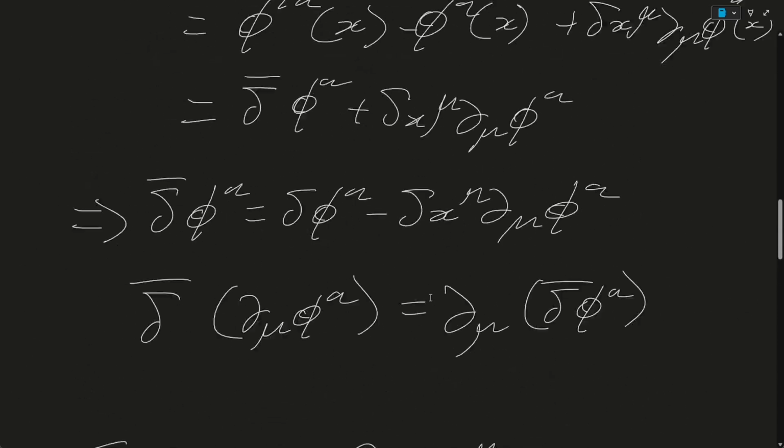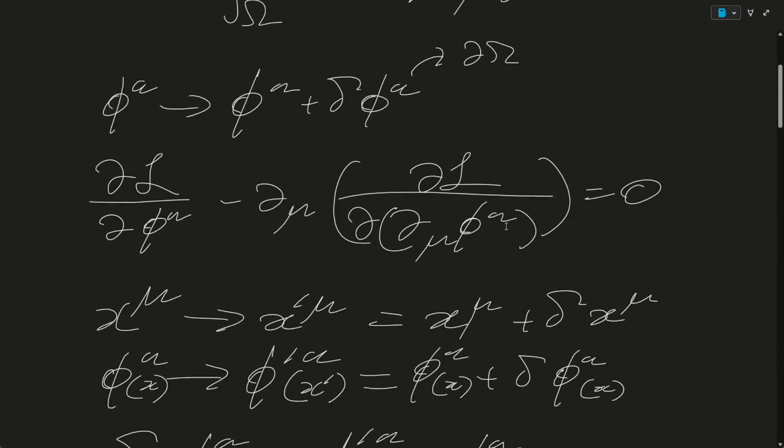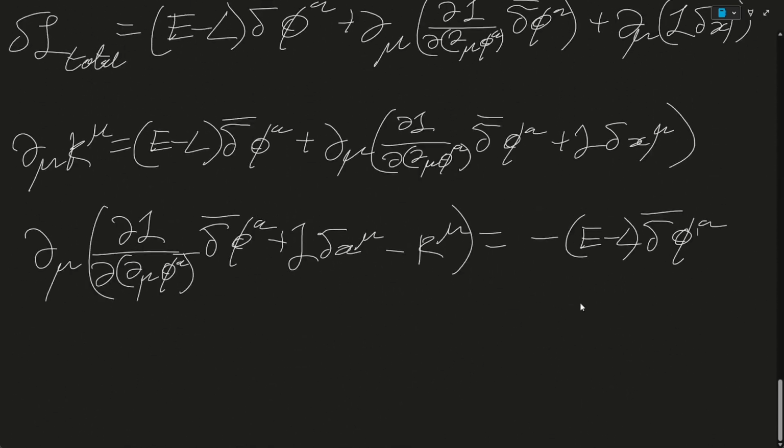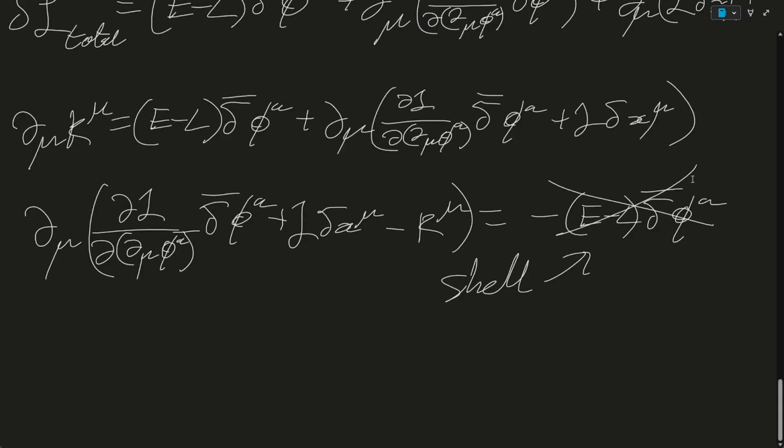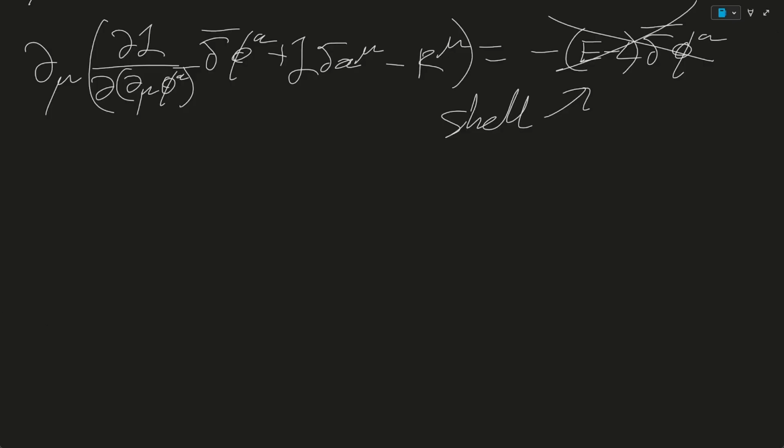Because Euler-Lagrange is zero, that's how it's defined. So that whole thing goes away. Shell, not the terrible oil company, thank goodness. Might send a hitman to my house for saying that. Sorry, Shell. That is zero.